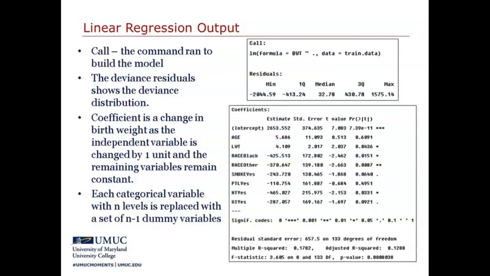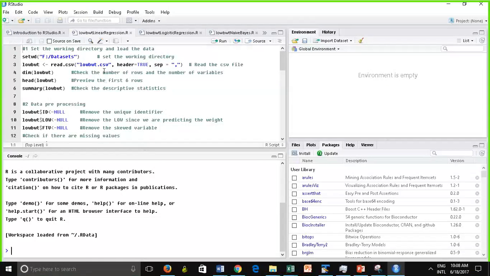So remember, my data set tracks the birth weight. It's the weight of the infant at birth. So we're going to run the linear regression method to predict the infant's weight at birth.